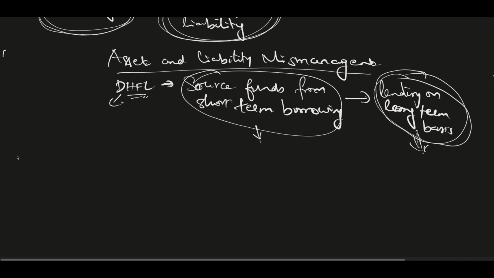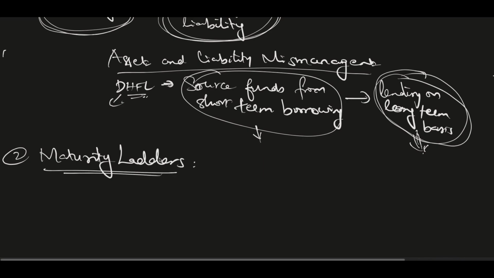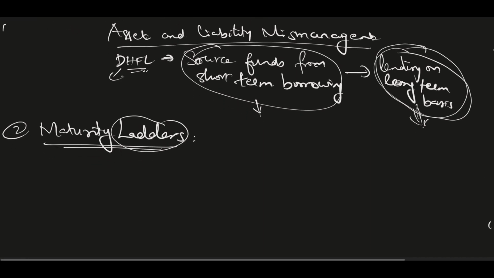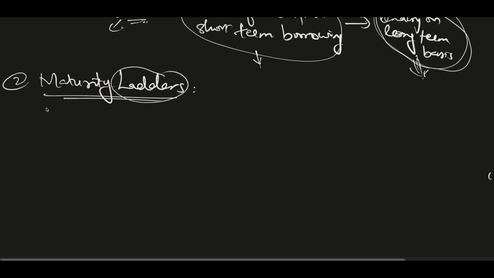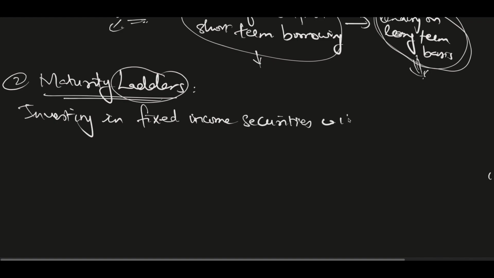The second one is maturity ladders. Ladder here refers to investing in fixed income securities with various maturities.